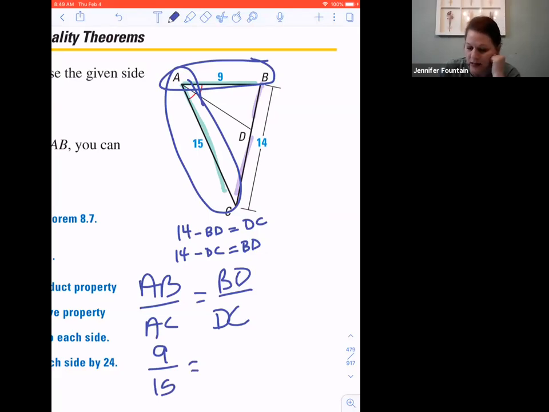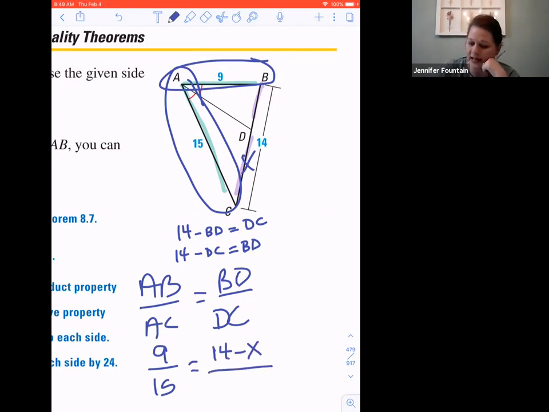Now BD, we do not know what it is, but if we let DC be X, then 14 minus X is going to give me the value of BD.